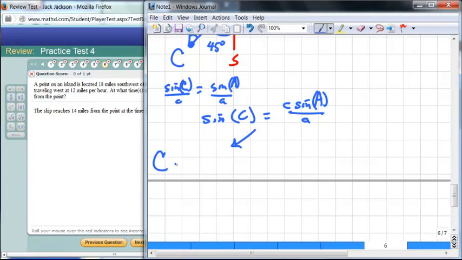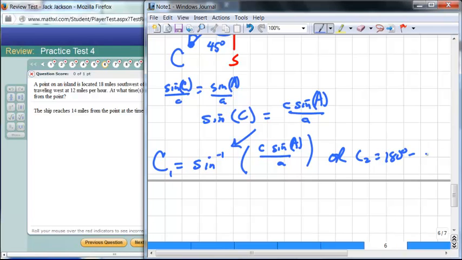So one case is C, we'll call it C1, is the inverse sine, arc sine, C sine A over A, or C2, which is 180 degrees minus C1.